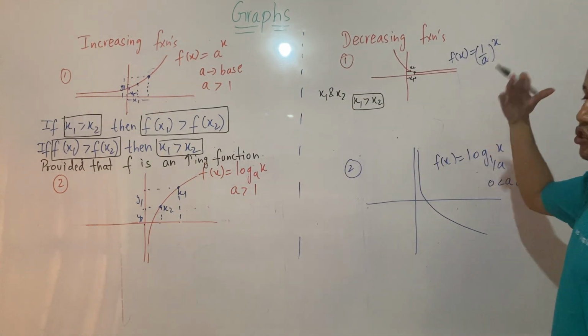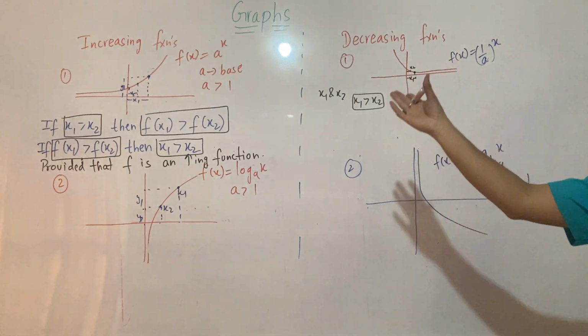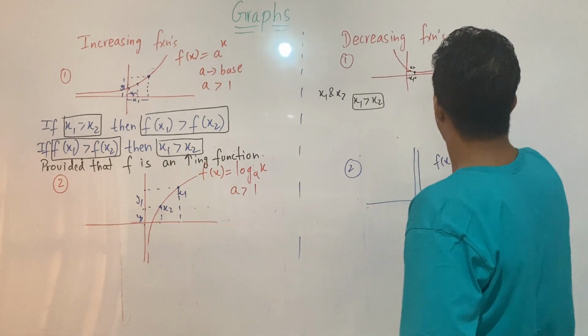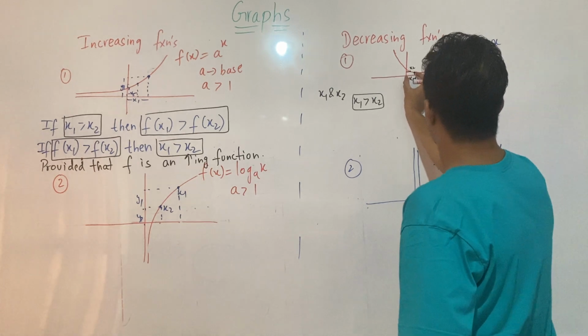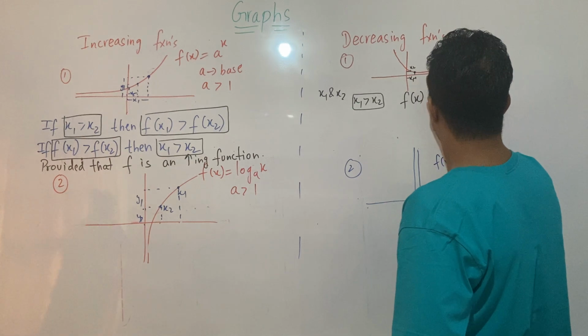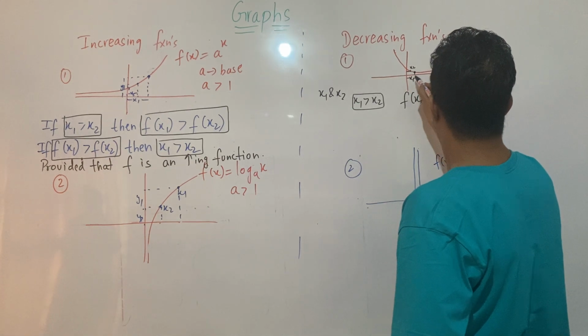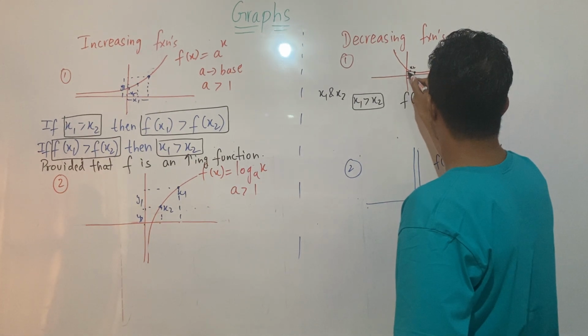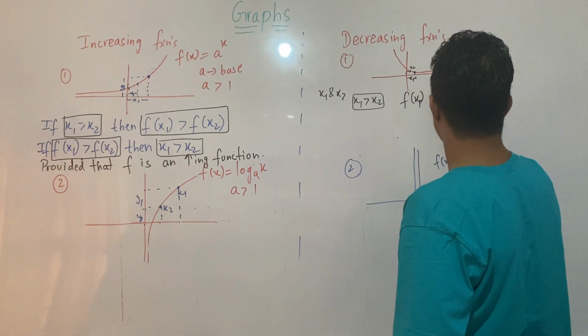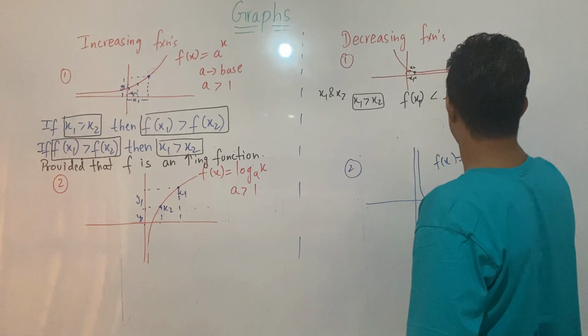But when you check the values of the functions, what's going to be f(x1)? Now you can see here f(x1) is this small value, and this is smaller than f(x2).